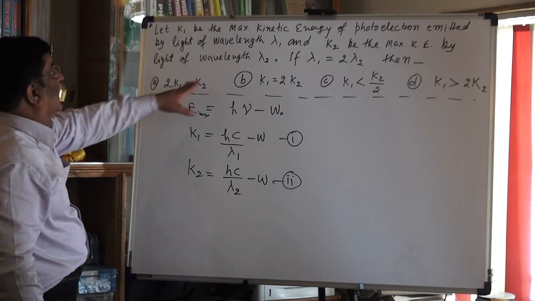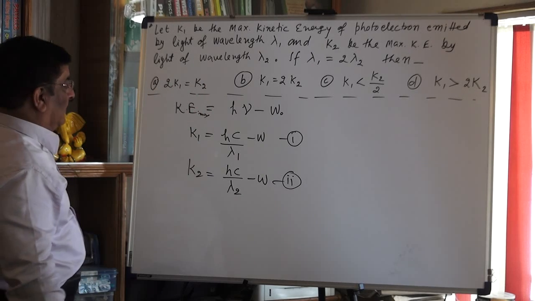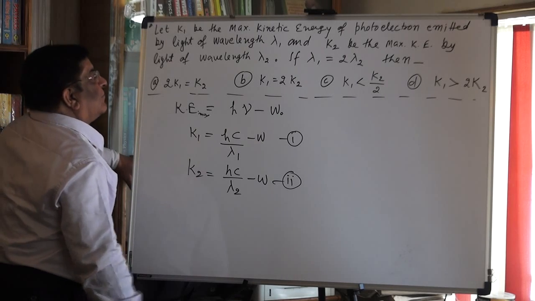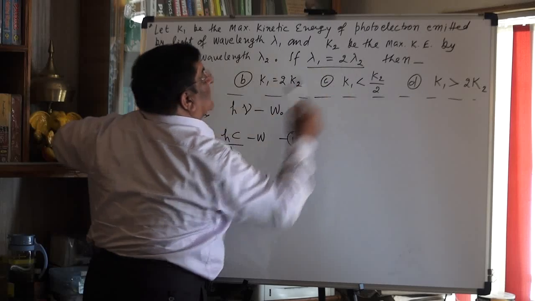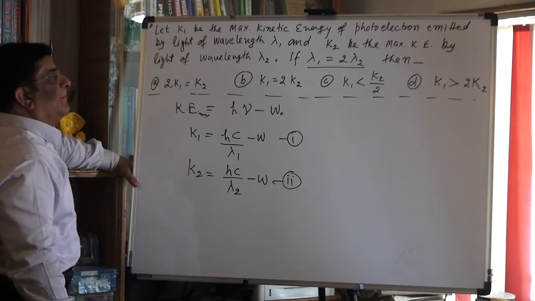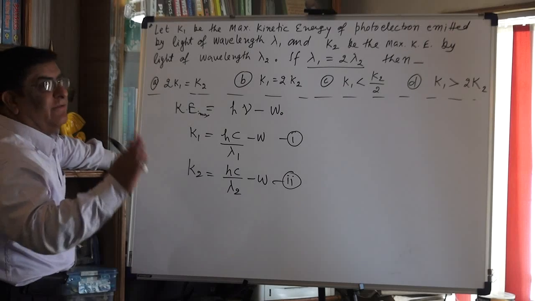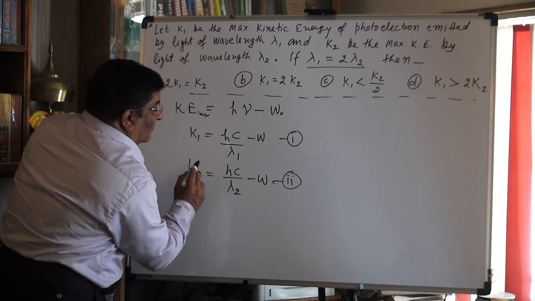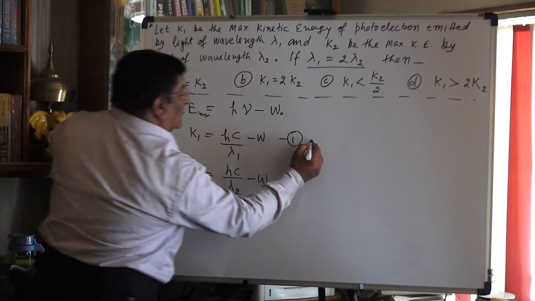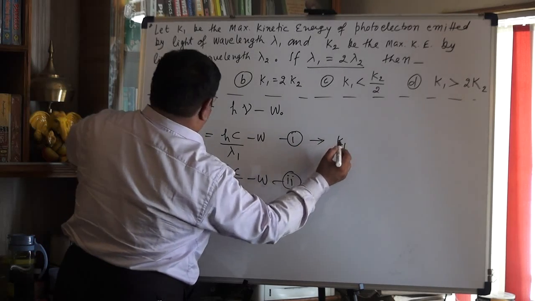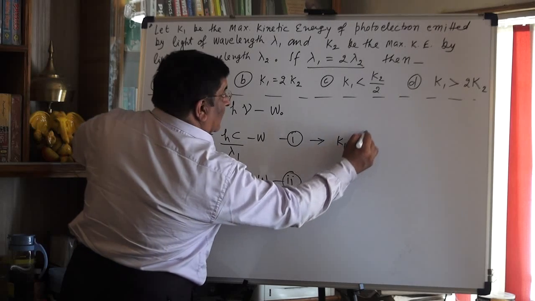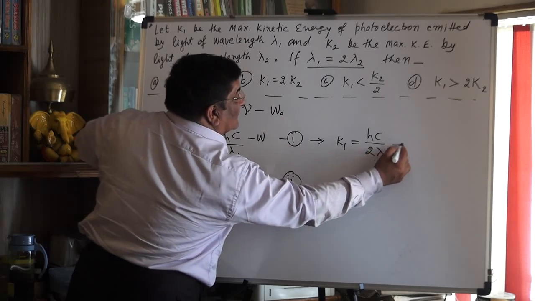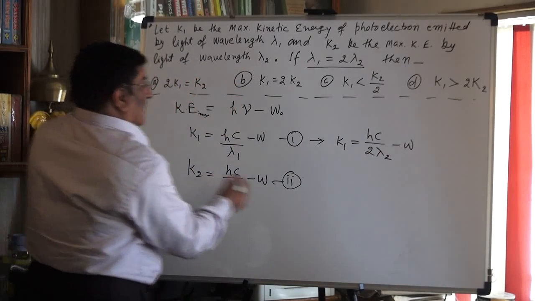Now we have to find the relation of K1 and K2. There are many ways you can do it. First, we use the equality lambda 1 is equal to 2 lambda 2, which will make cancellations easy. So lambda 1 can be put as 2 lambda 2, and K1 is equal to hc upon 2 lambda 2 minus work function.